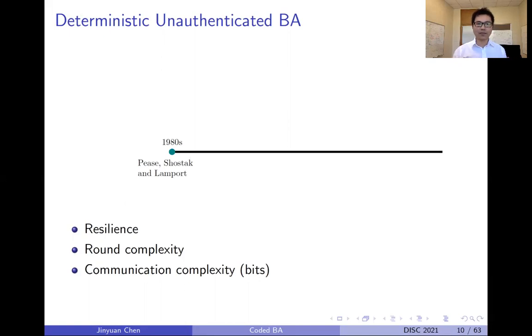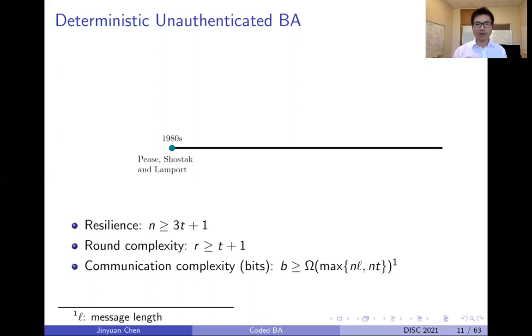The quality of the BA problem is measured by three important parameters: resilience, round complexity, and communication complexity in bits. The lower bounds on those three parameters are t plus 1 and 3t plus 1, t plus 1, and the maximum between nL and Lt, respectively, where L is the size of the message.